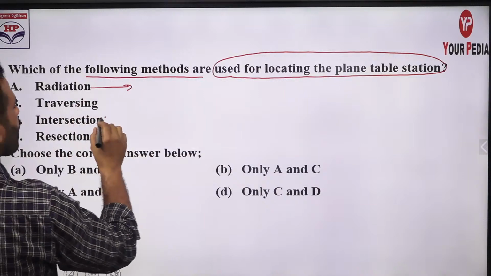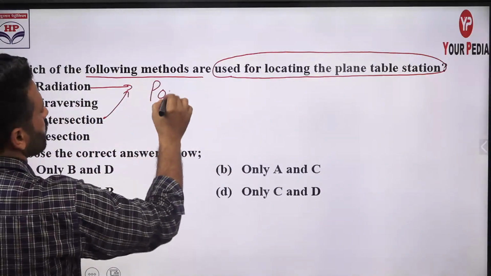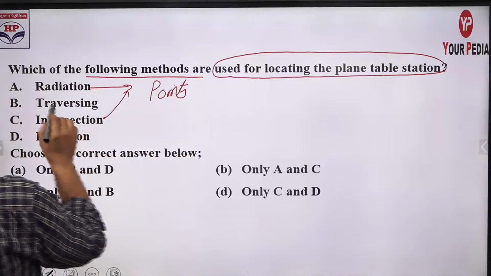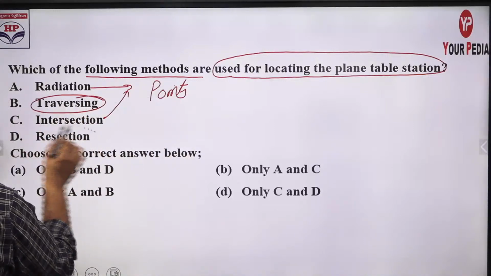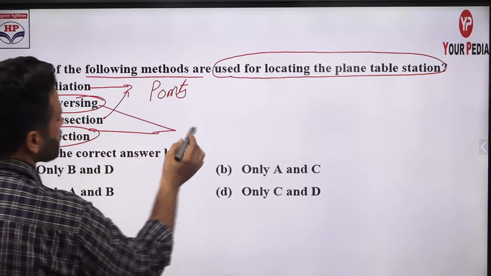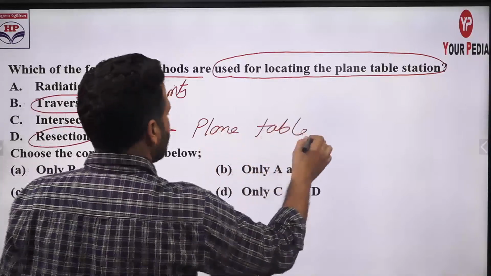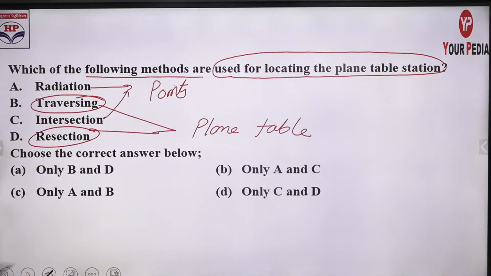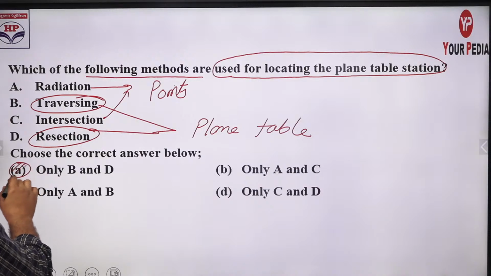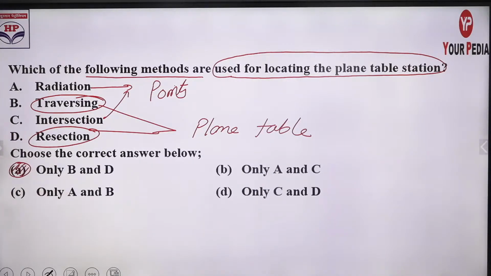These are for locating the points, and these two methods are used for locating the station, that is the plane table. So the answer will be B and D. Let's check in which you are finding B and D. Option A will be the answer. C and D is not the answer.